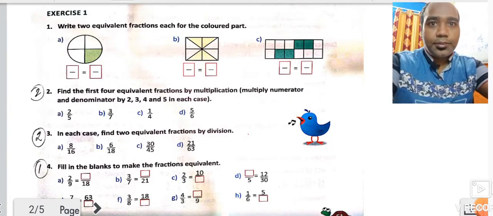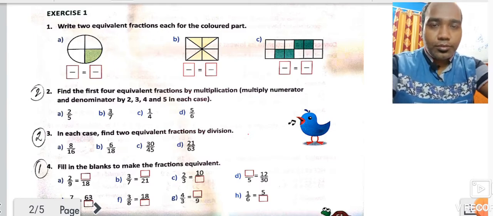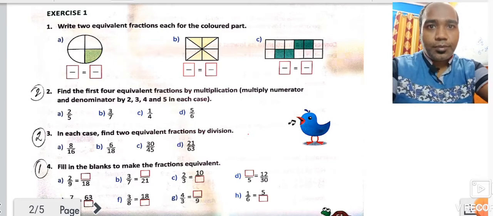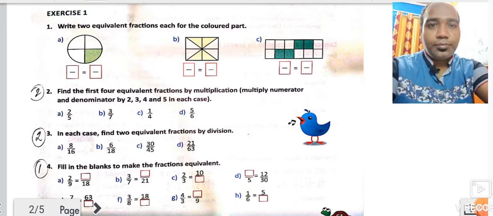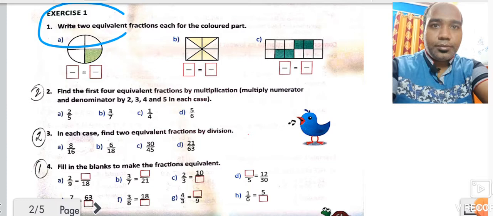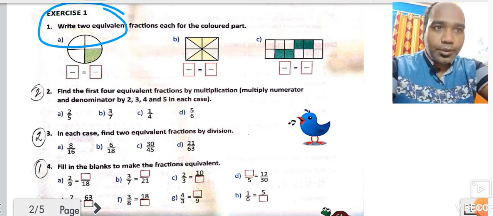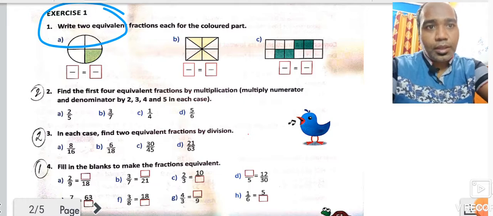This is Shashi here, and today we are going to continue chapter 5, fractions, and continue exercise 1. In the previous class I discussed how to write the fraction.